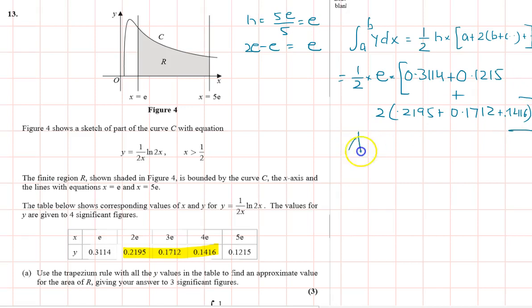So the area will be, if you calculate, up to 3 significant figures, that is 2.04. So that is the area of region R.